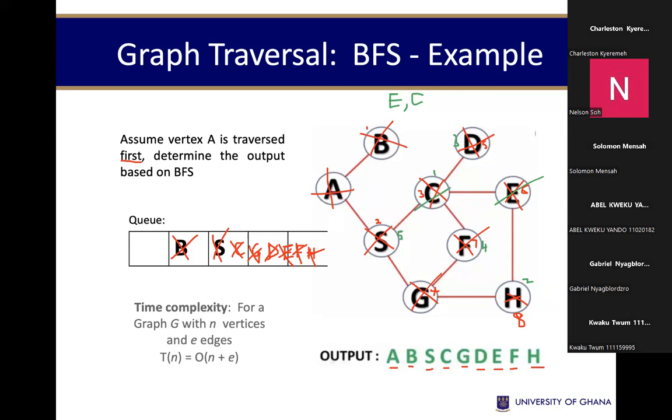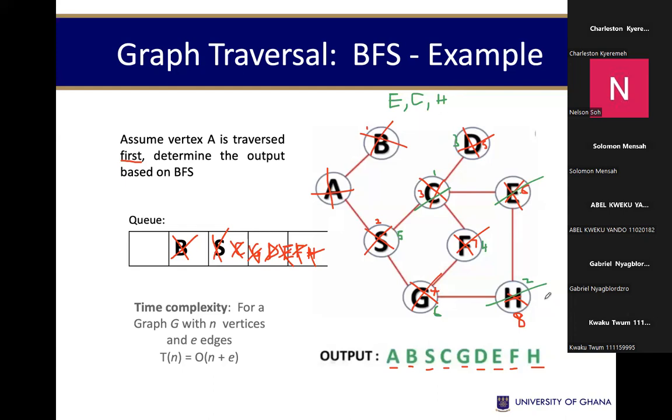Then I need to now come back to look at the next friend of E, which is H. Before H can go out, I need to check whether H is adjacent to anyone. Of course, H is adjacent to J. Now, J here will be number 6. And now I can output H. Now, when I'm done with H, I need to look for the next one in the queue.